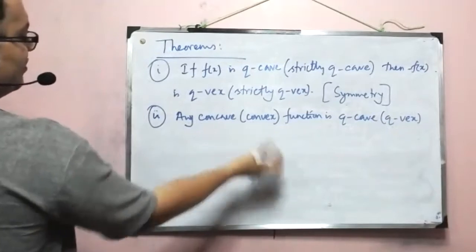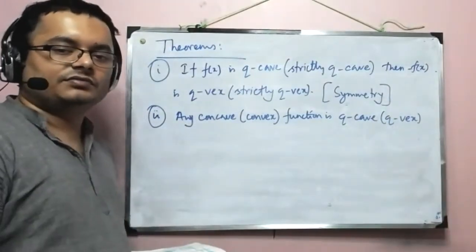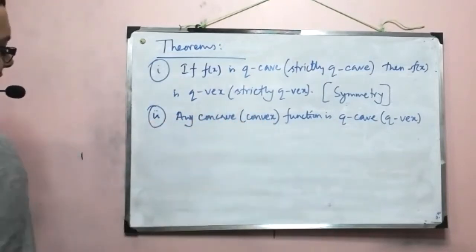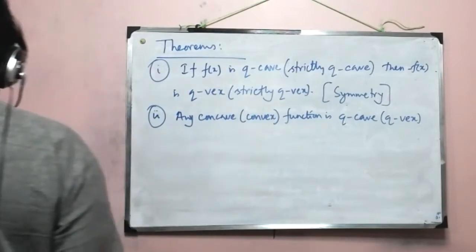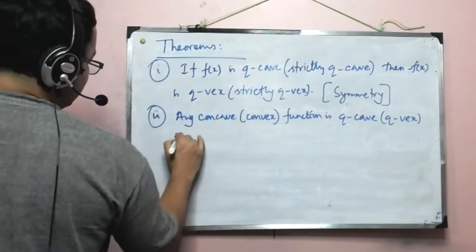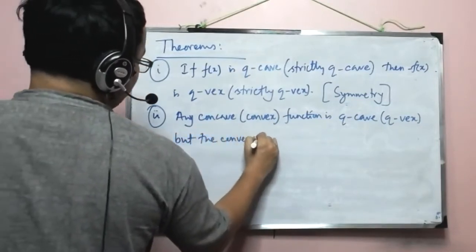Because if you are everywhere concave or convex, then obviously in a small portion of your domain you will also be concave or convex. So this is trivial. Any concave or convex function is quasi-concave or quasi-convex. But the converse is not true.